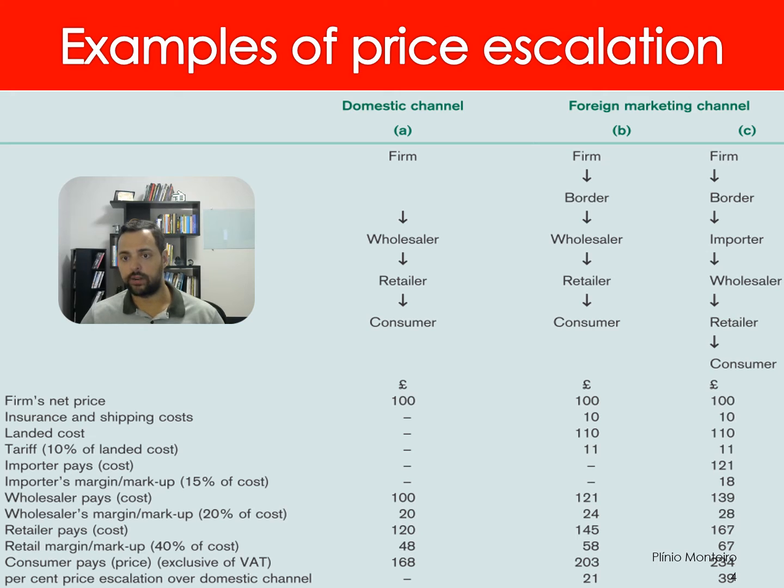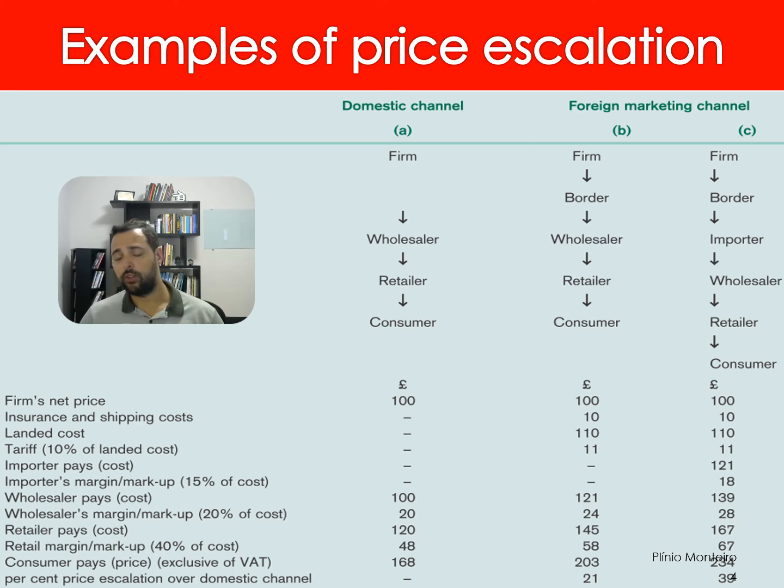And in this other way to deliver a product in a foreign market, you have the firm, the border, the importer, the wholesaler, the retailer, and so on. In that case, if you add up all these costs, you end up with a cost of 234. That is basically a 39% increase compared to the domestic channel.